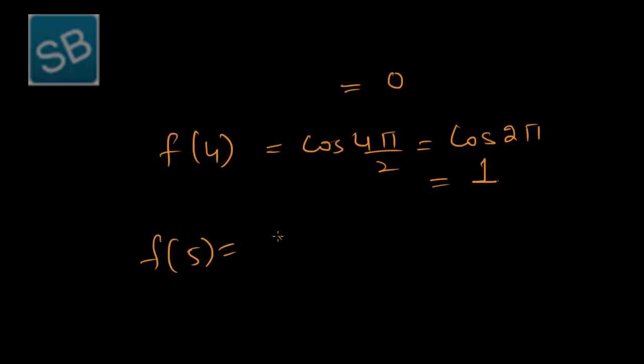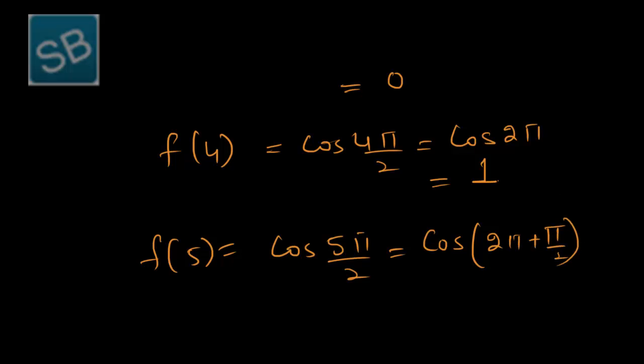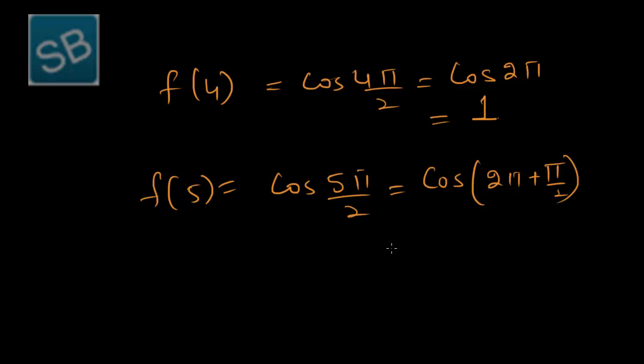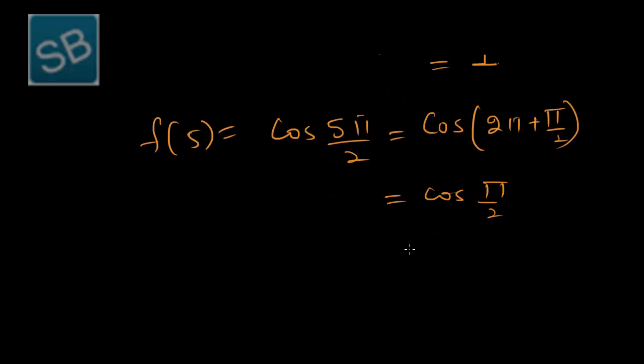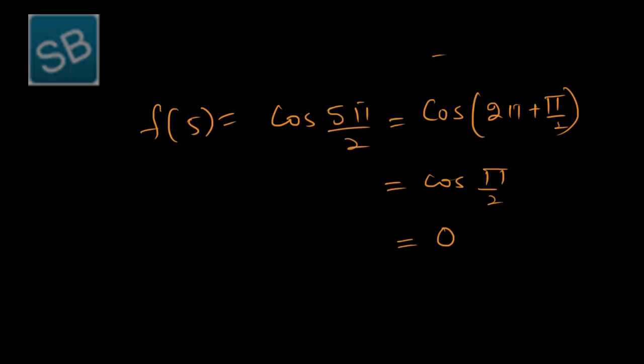Now f of 5, cos 5 pi by 2, can be written as cos of 2 pi plus pi by 2. Cos of 2 pi plus theta is in the first quadrant. So we get cos pi by 2. At 2 pi, no t ratio is changed. Cos pi by 2 is 0. So f5 is 0.